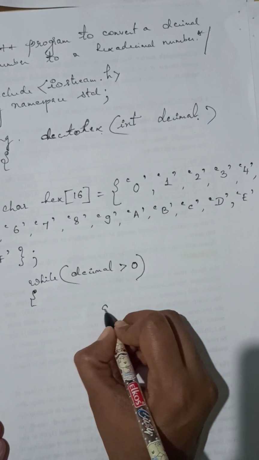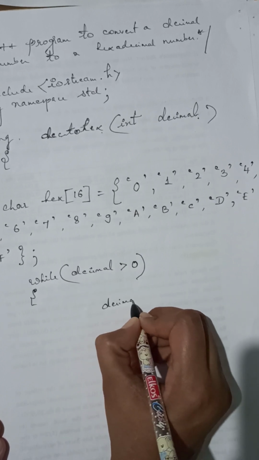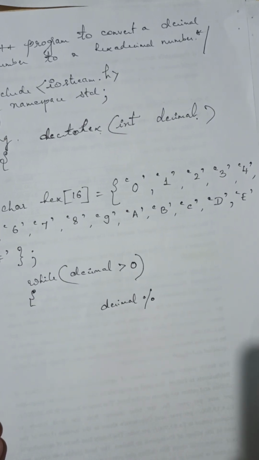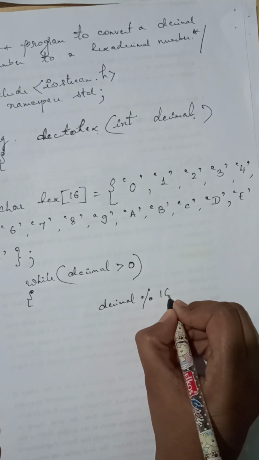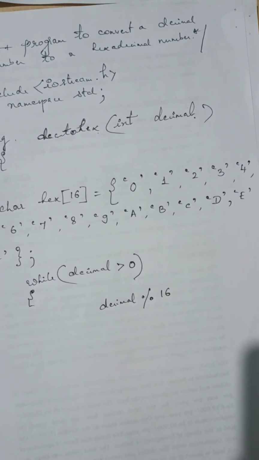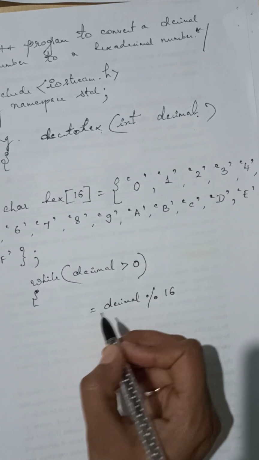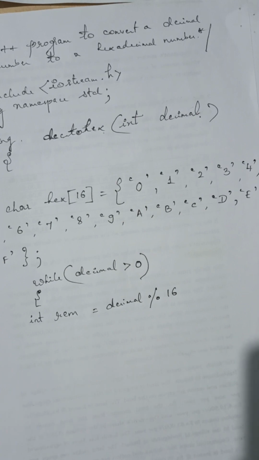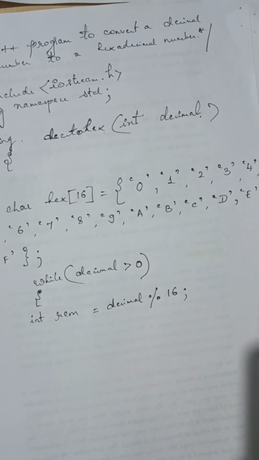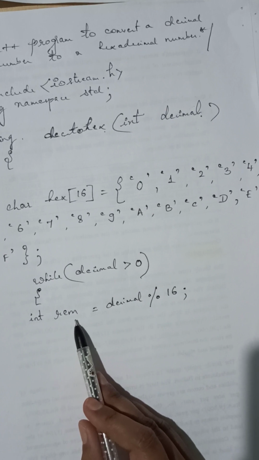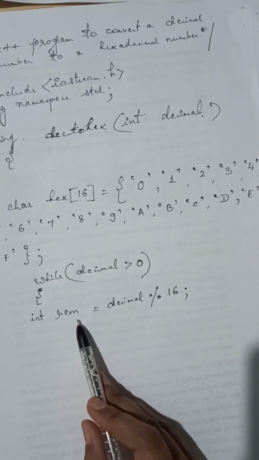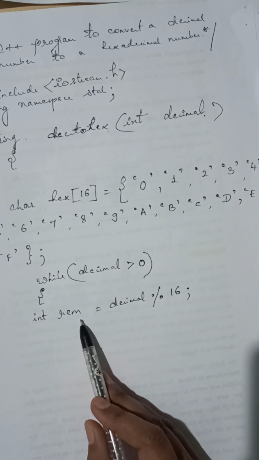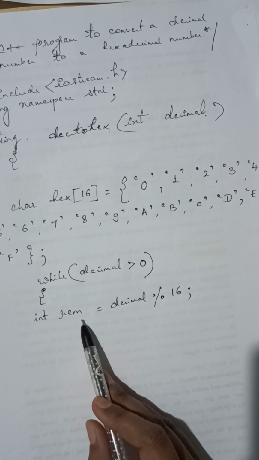We will write the body for this loop. So our input is a decimal value. We will perform a modulus division by 16 so that we get a remainder, and we will store it in a local variable, remainder. All right, so this is a statement. Once we get the remainder, we will concatenate it with the next remainder.